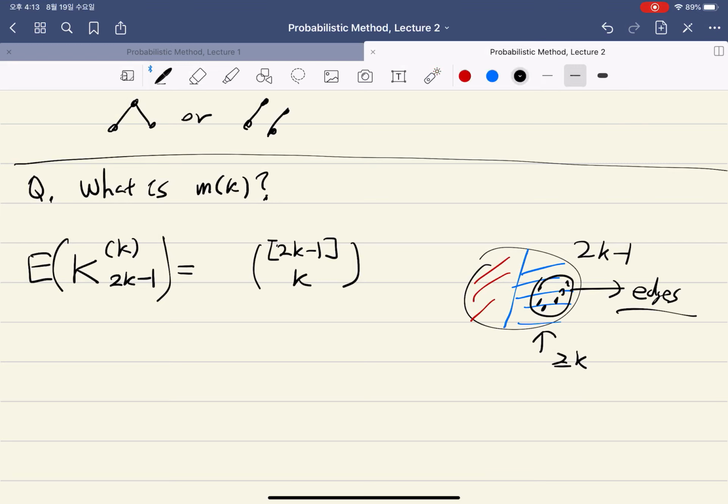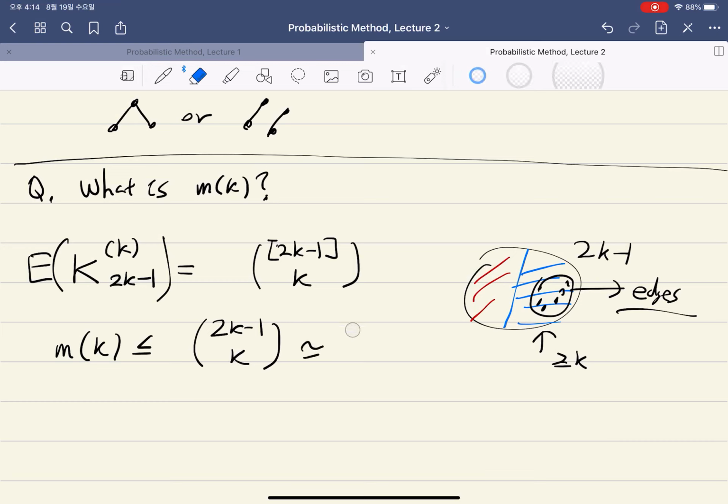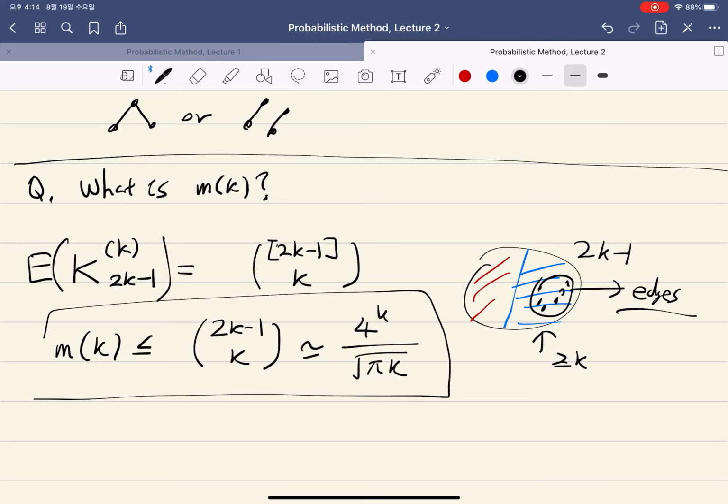So this is not 2-colorable. Then how many edges does it have? It has 2k minus 1 choose k edges, which provides an upper bound on m_k, which is roughly 4 to the k over square root of pi k, if you use Stirling's formula. So this is exponential.